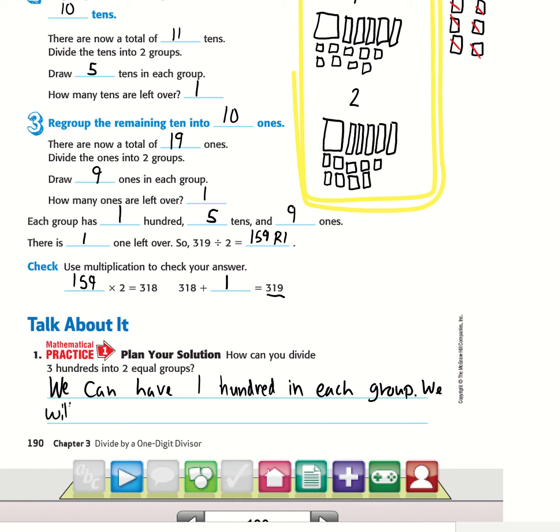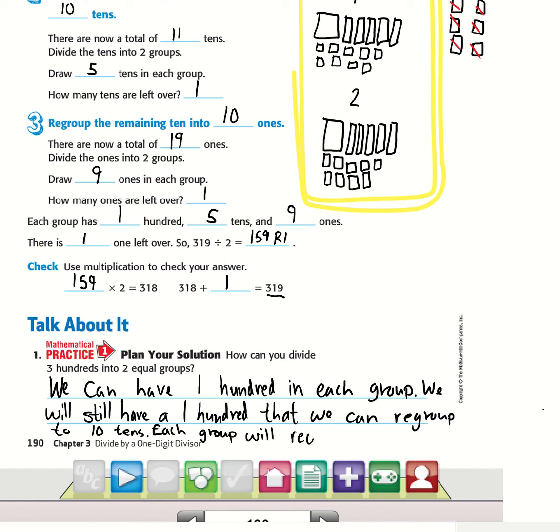We will still have a 100 that we can regroup to 10 tens. Each group will receive 5 tens.